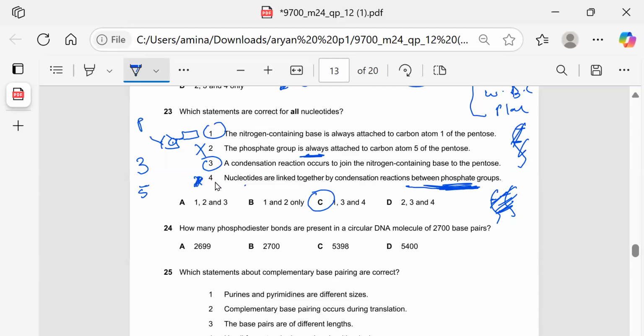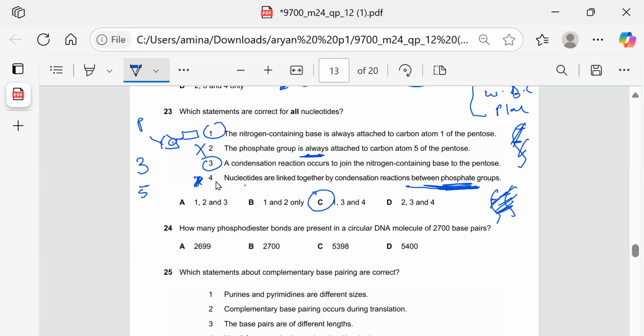This is correct. So 1 and 3, I need to revisit it here. Let me check it again. So 3 is correct. And the phosphate group is always attached. Oh no, that is wrong.